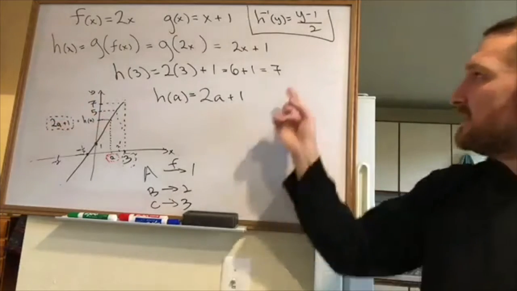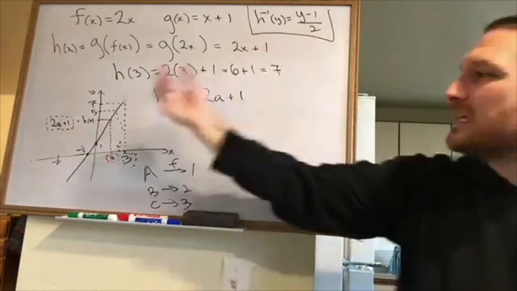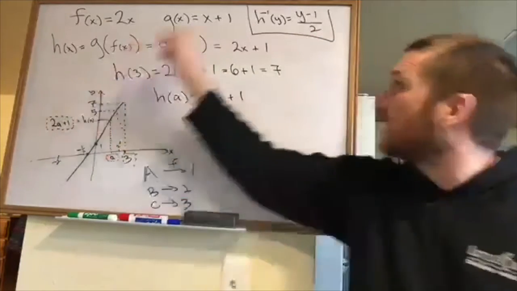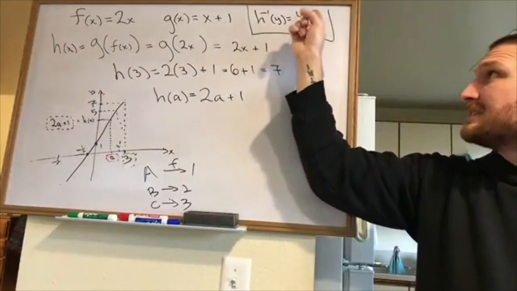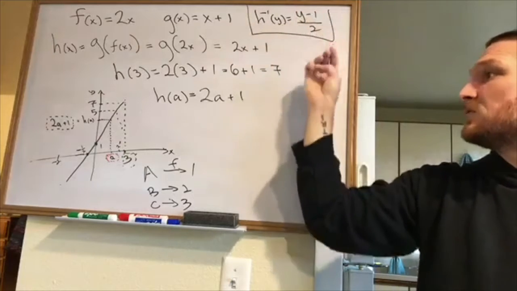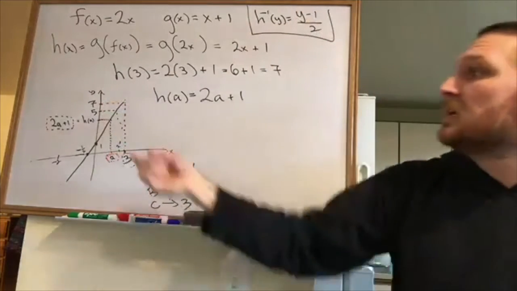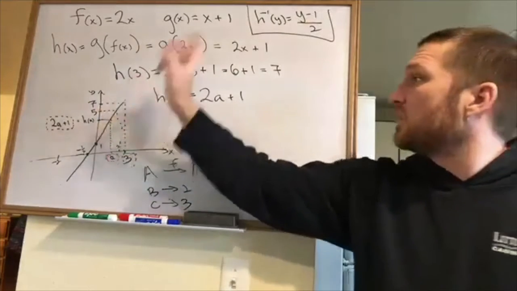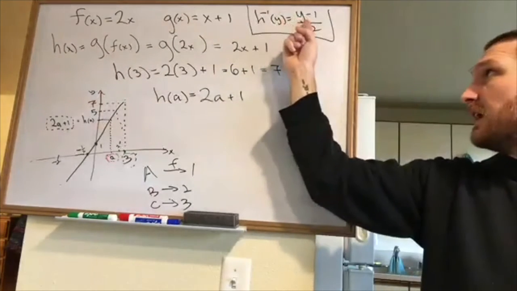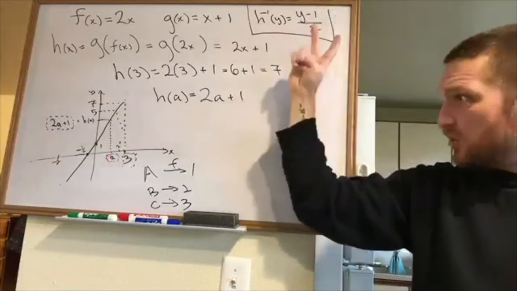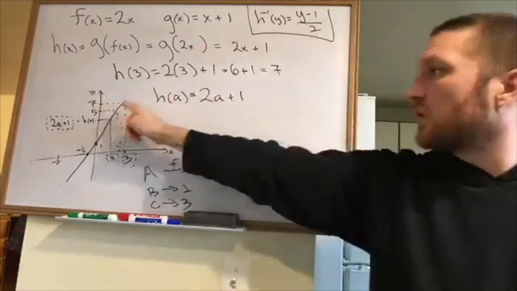Well, if it truly gives me back everything, like we saw that it was the case with 7, I plug in a 7, and 7 minus 1 is 6, divided by 2 is 3. Yeah, 7 does come back to 3, so that's good. It works with 5 because when 5 is the output, I plug in a 5. 5 minus 1 is 4, divided by 2 is 2. And so, yeah, it does work with 5 and 2.